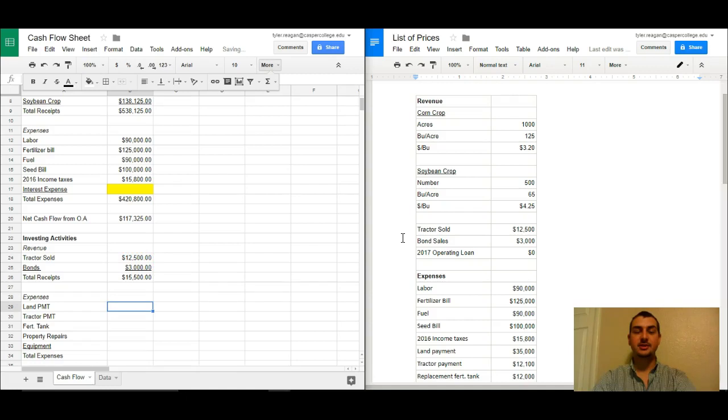So now we need to do the same thing for expenses, only the investing expenses, I'm sorry. So stuff like land, tractors, a replacement fertilizer tank, replacement breeding livestock, something like a replacement bull, those are all going to be considered investing activities because those are assets to the farm or ranch.